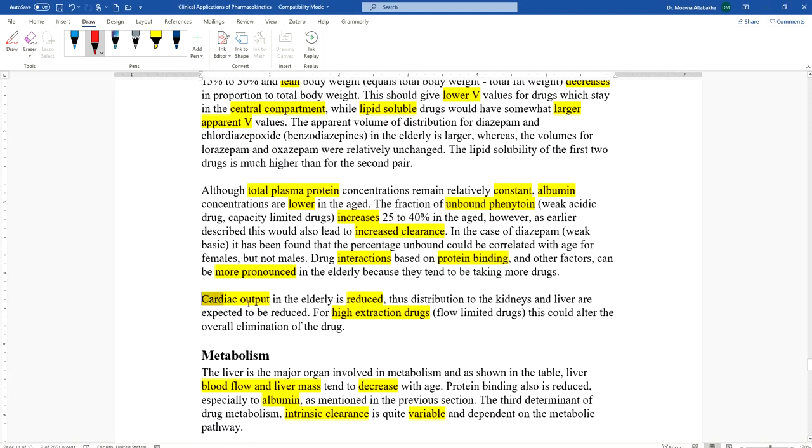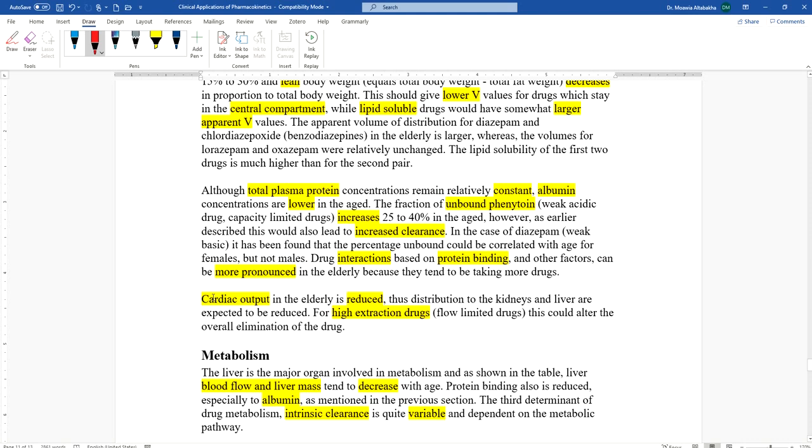Also, we should consider cardiac output, which is blood flow, and pay attention to this, as I talked about congestive heart failure before. Of course cardiac output will reduce in the elderly, and this may also be associated with heart failure.